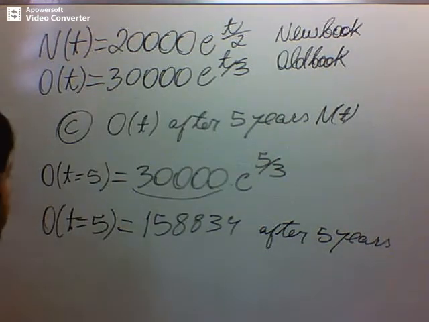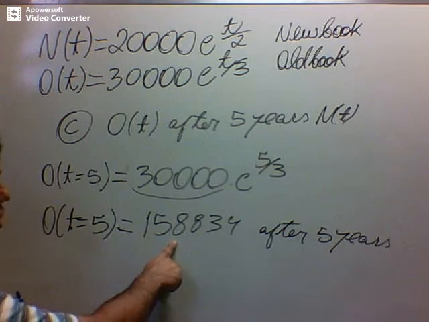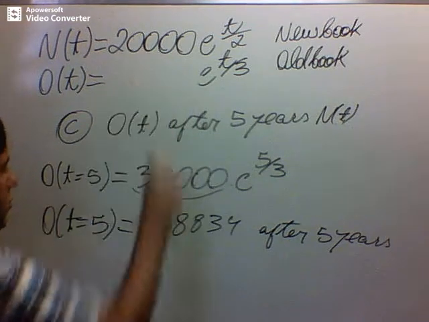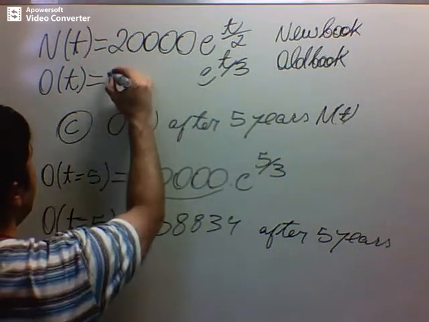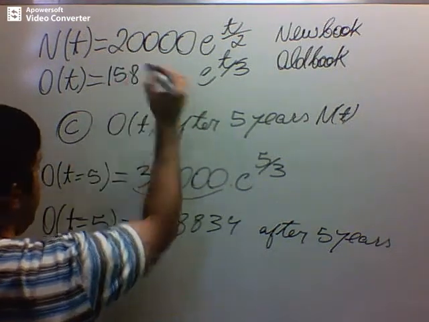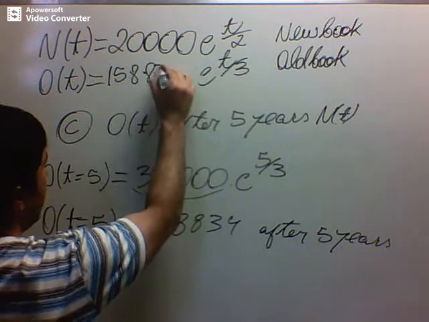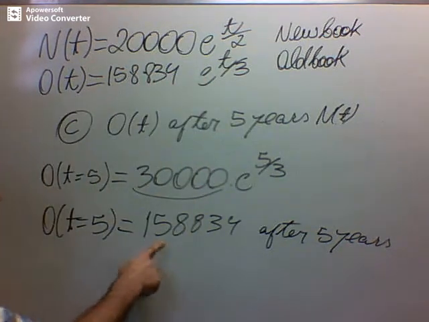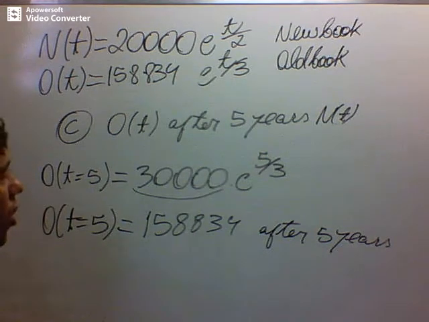Okay, then we need to change these values here. In the place of 30,000 here, I put 158,834 users. This is going to be the initial value of this function here.